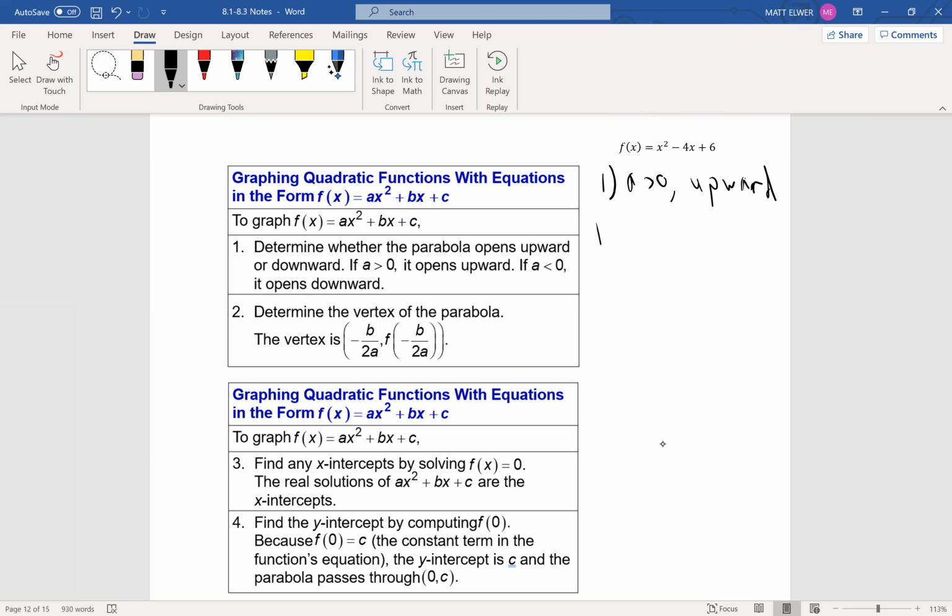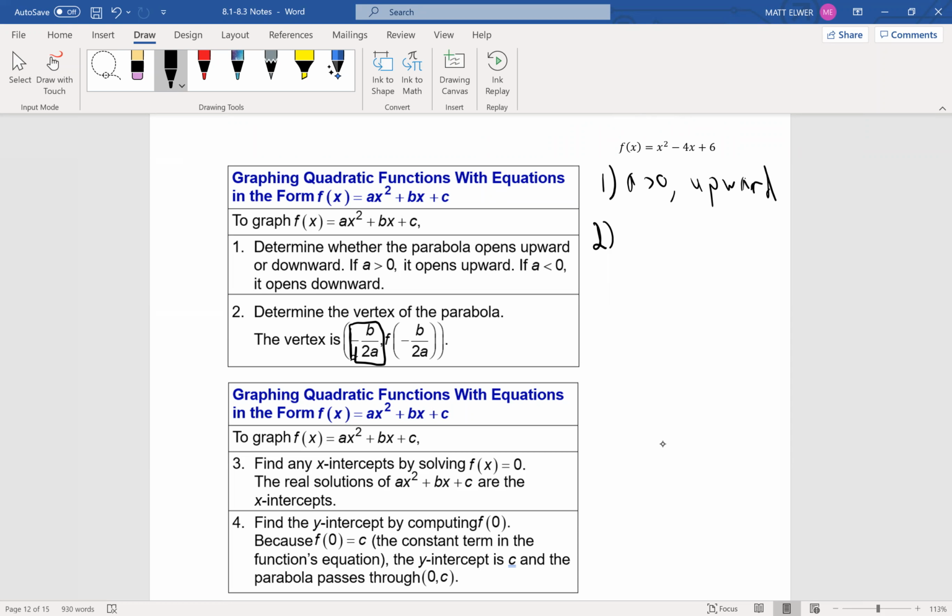For the second step, when we want to find our vertex, our x value is going to be negative b over 2a. Notice that negative b over 2a is just the rest of the equation from our quadratic formula, minus the discriminant.